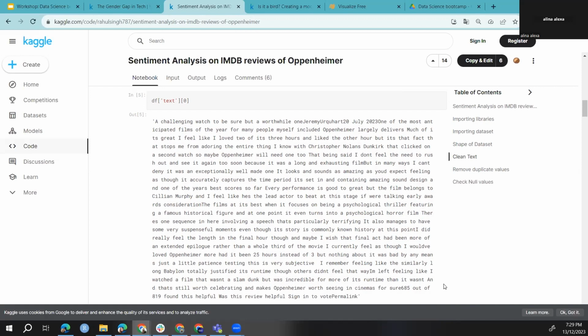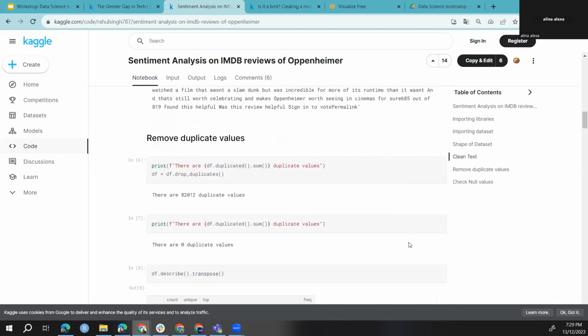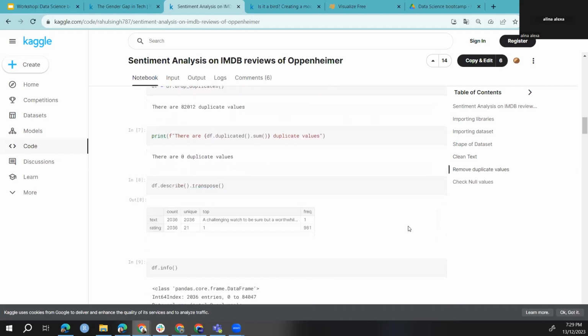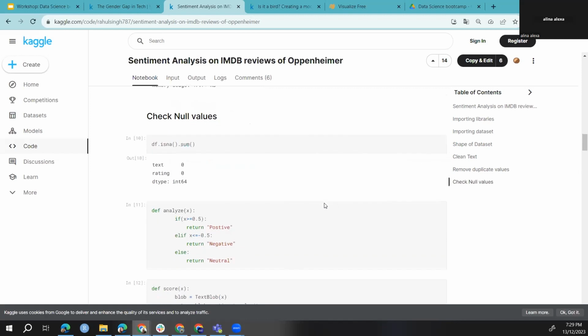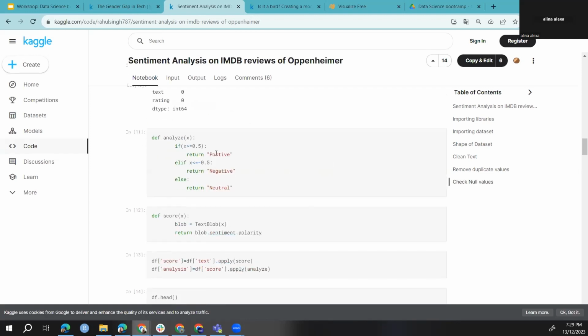That's going to take me forever, but the computer can do it so much faster. Now it's removing duplicates, as I said, is important. And then it's using packages to read: if X is above that, I'm going to say it's positive. If X is below that, I'm going to say it's negative. But if it's in the middle, I'm going to say it's a neutral review.